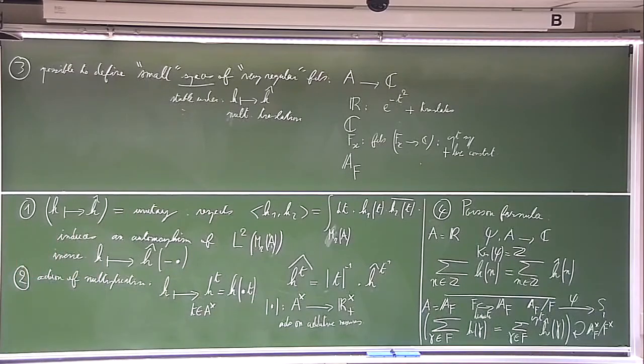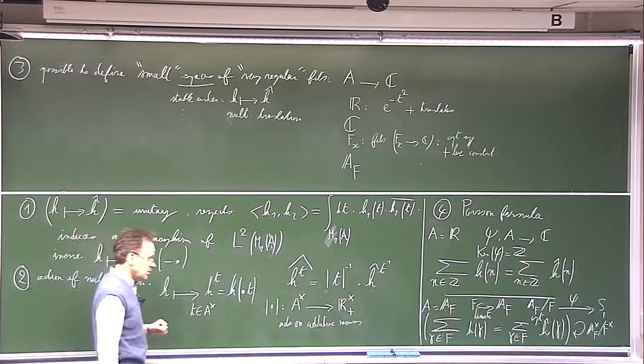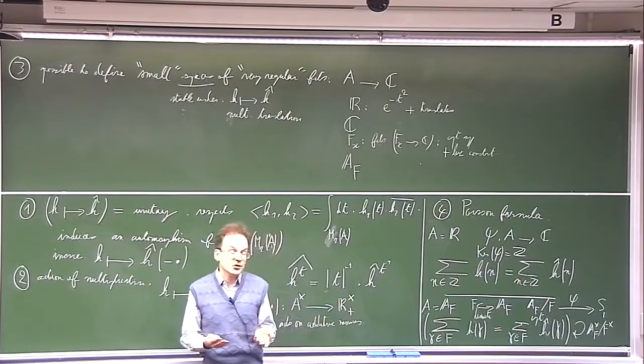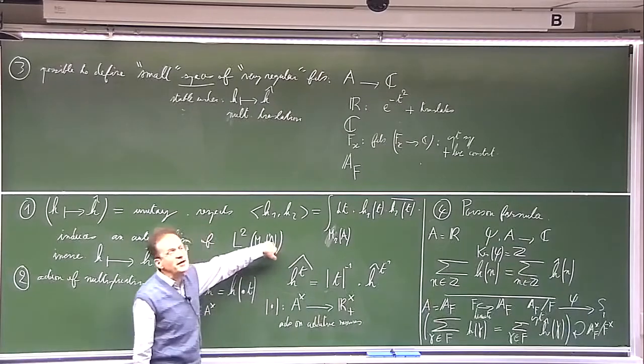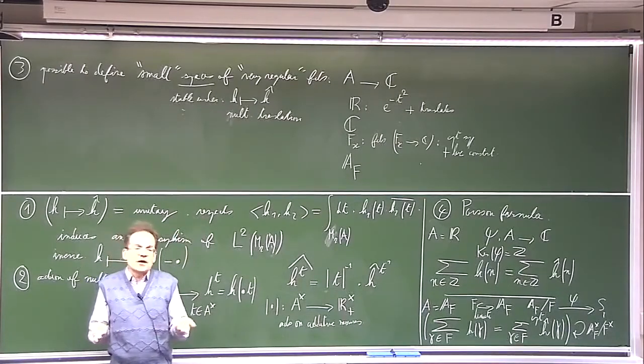Then you have to look at the action of multiplication. So here you are with M_R of A. What is the natural group of M_R of A?